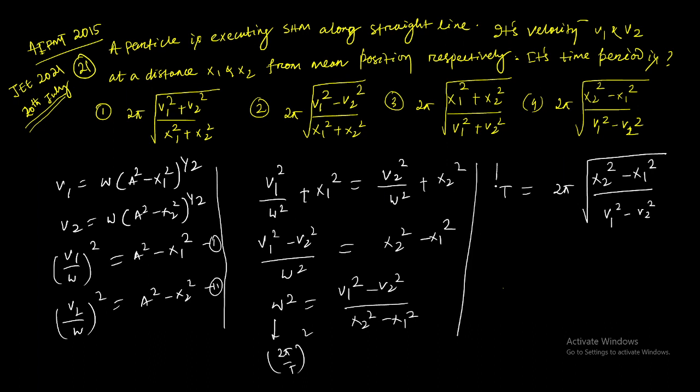I am writing directly because omega square equals (2 pi by T) square. So T obviously equals 2 pi into root over (x2 square minus x1 square) divided by (v1 square minus v2 square). Okay.